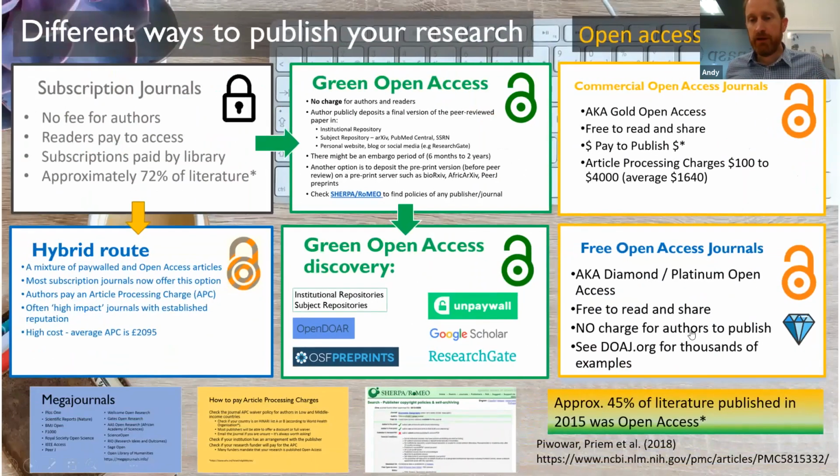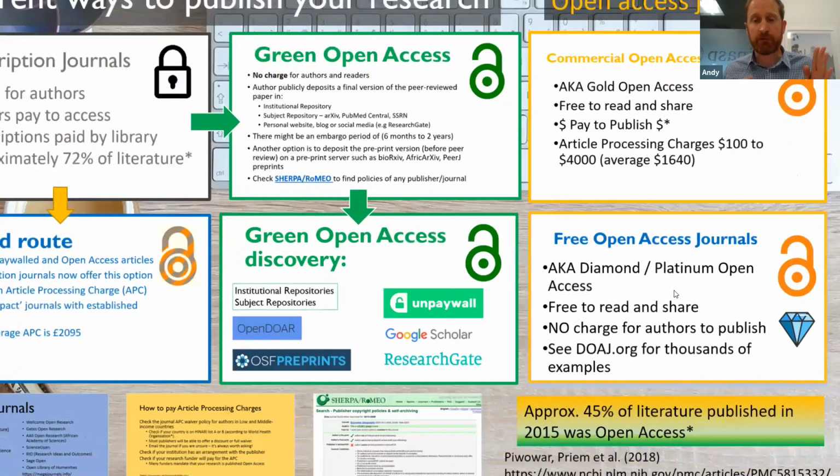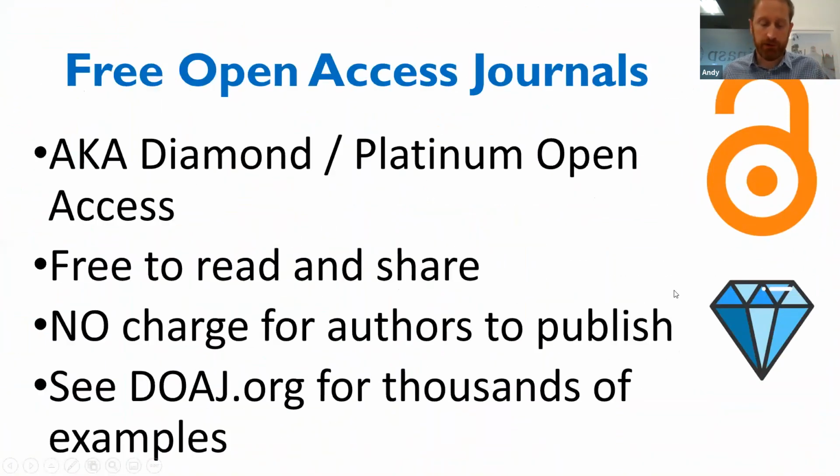However, what's not often made known to everybody is that the majority of these pure open access journals are completely free. So those that are non-commercial, which is sometimes called diamond or platinum open access, just to be confusing, are completely free to read and share, but there's also no charge to authors to publish.